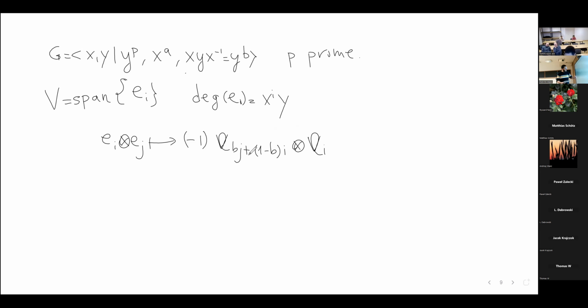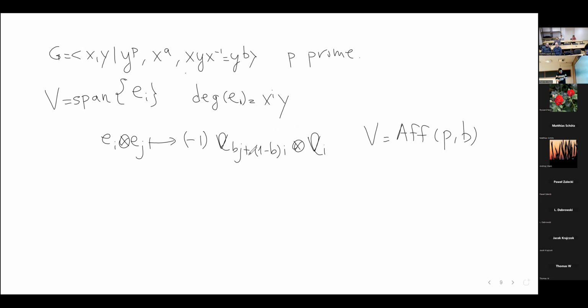Okay, and the resulting V I will just write as the affine space with parameters b and p. Notice that a doesn't play that much of a role here. a is just the order of b in the multiplicative group Z mod p star.